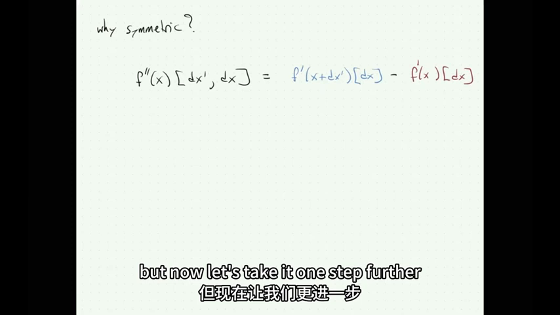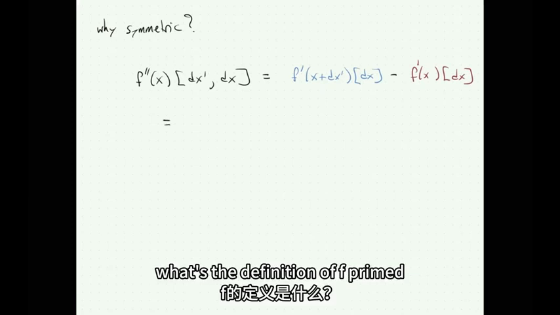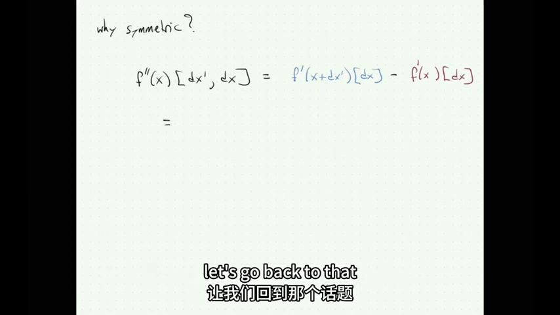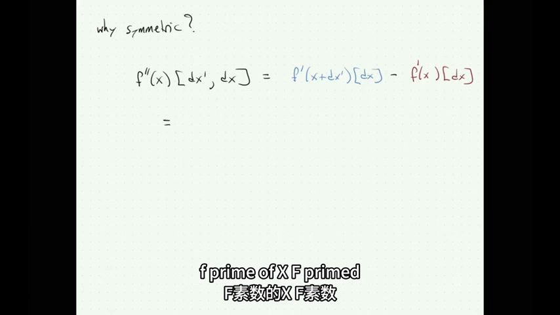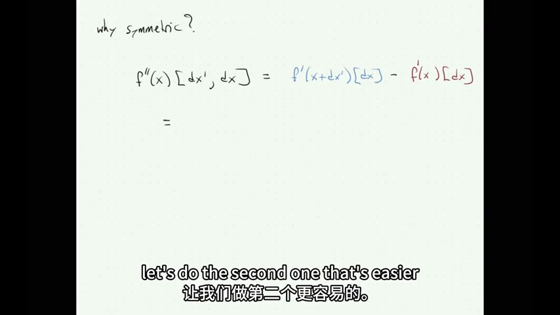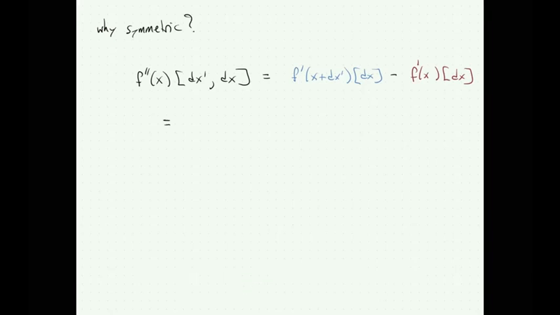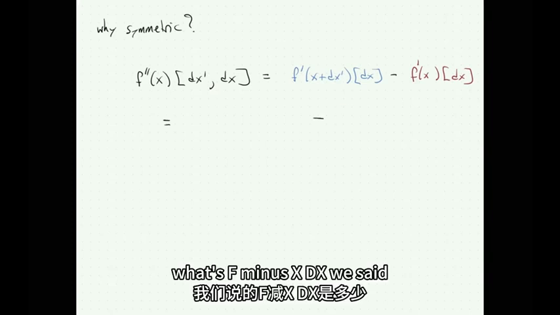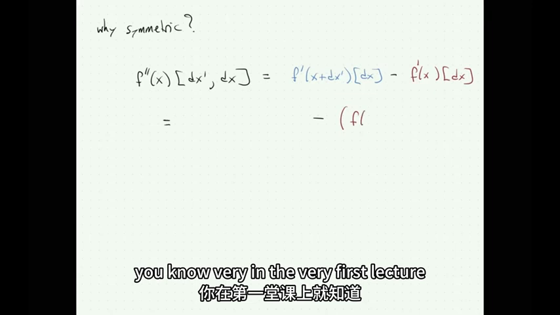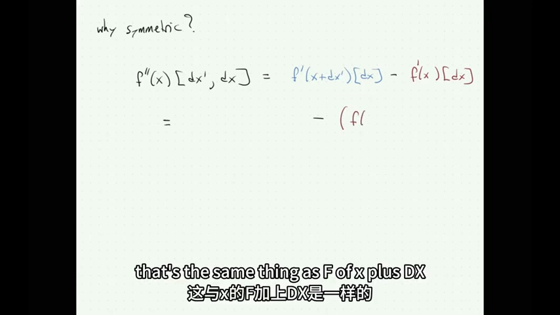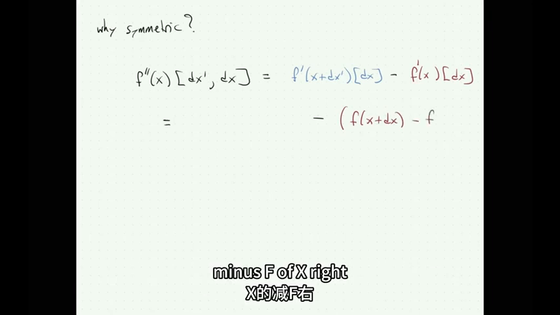But now let's take it one step further. I'm going to expand out the definition of f primed. Let's do the second one, that's easier. The second term: what's f primed of x, dx? We said in the very first lecture that's the same thing as f of x plus dx minus f of x.